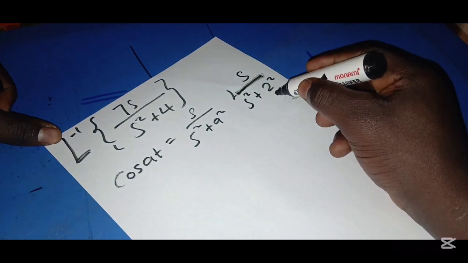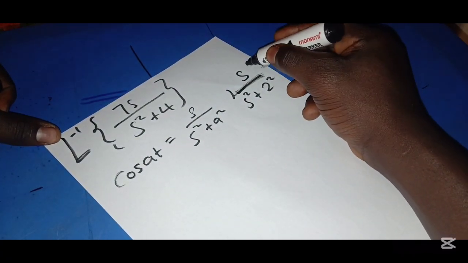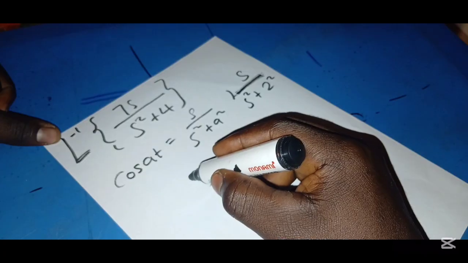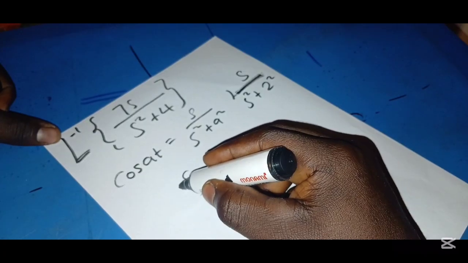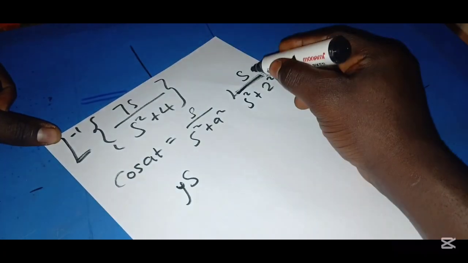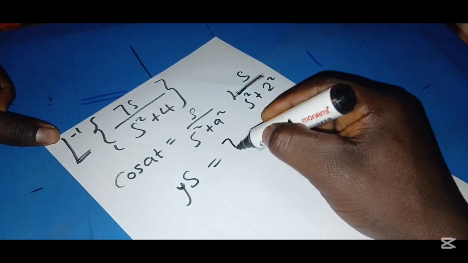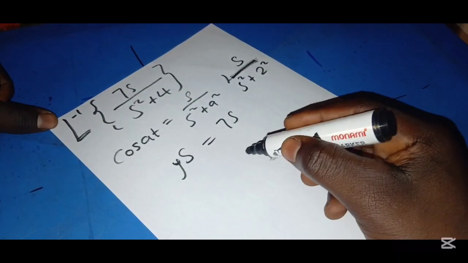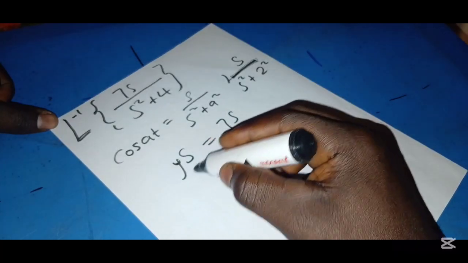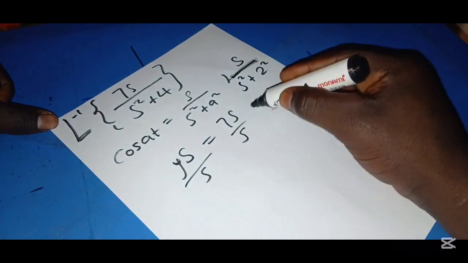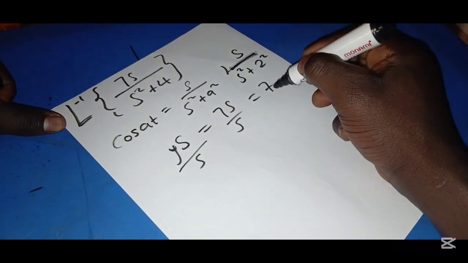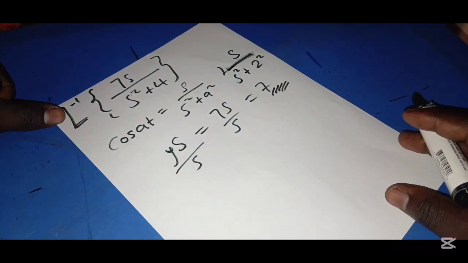So we are done with denominator analysis, and we are now analyzing our numerator. Something, let me call that thing y, times my true numerator gives me the fake numerator, which is 7s. So now I'm solving for that thing, and this is equal to 7.